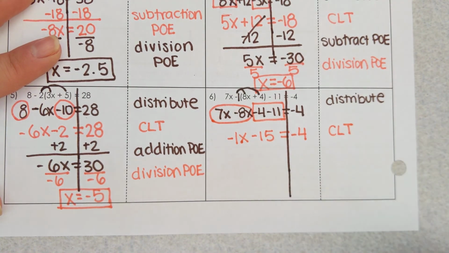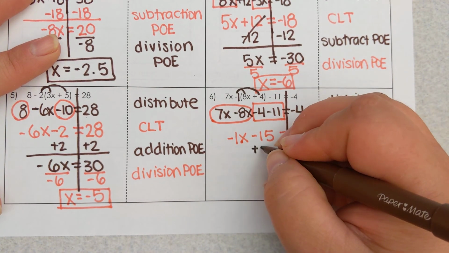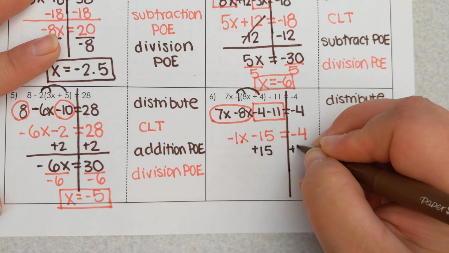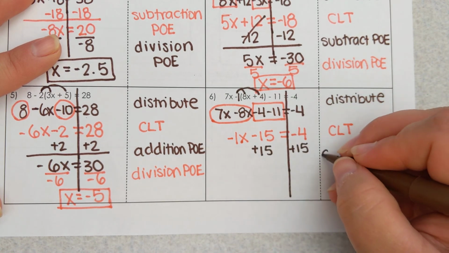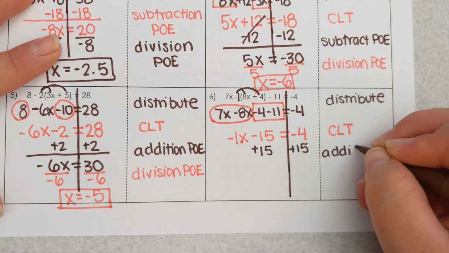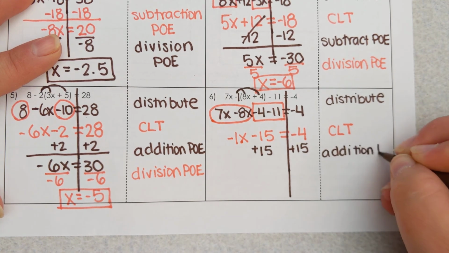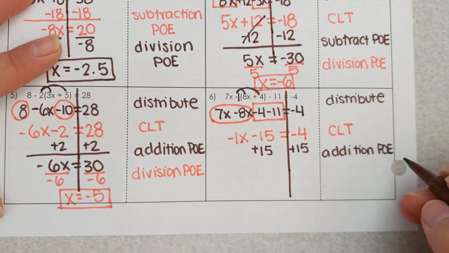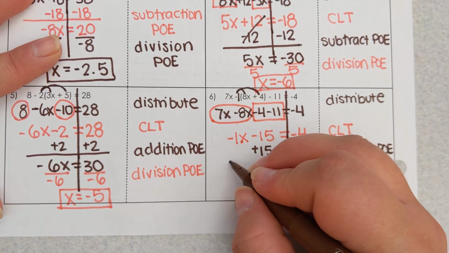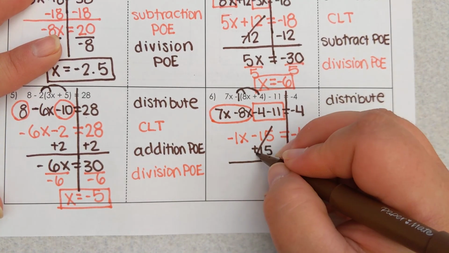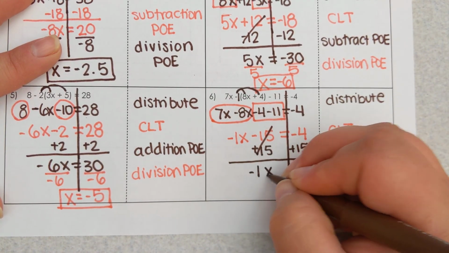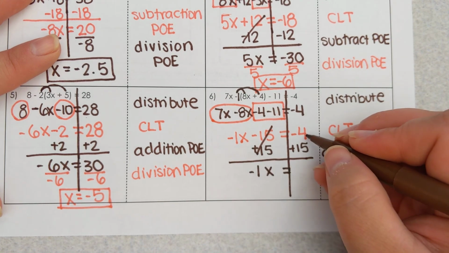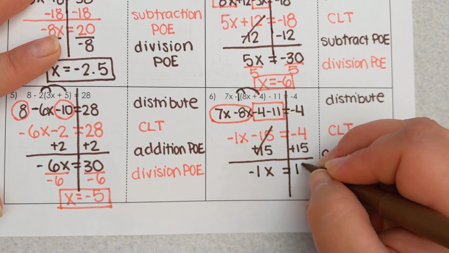Now I want x to be by itself, so I'm going to get rid of this 15 by adding it on both sides. That's the reason why we need to write property of equality afterwards. Negative 1x equals negative 4 plus 15 is 11.